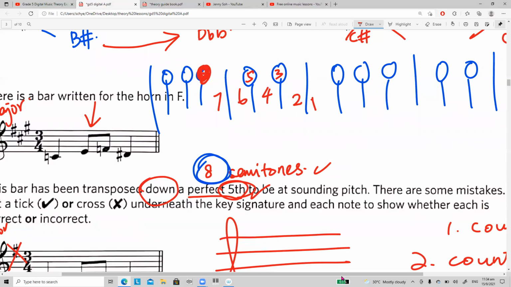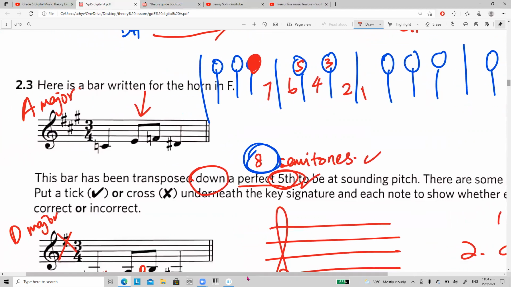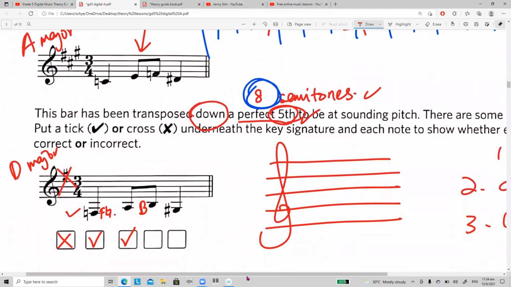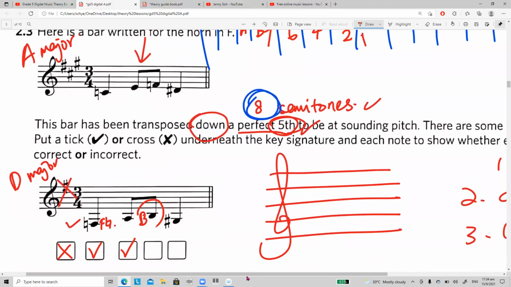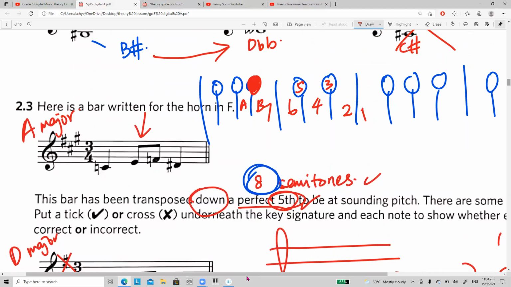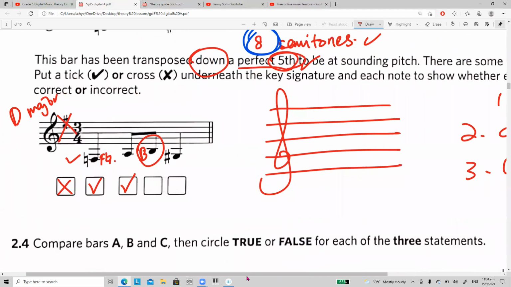So when you reach 8 steps, it's landing on the black key. Okay, if it's landing on the black key, it should be B flat. The black key belongs to B flat or A sharp. The note here is a B. So the black key belongs to B flat, which means this is wrong. Okay, next one.